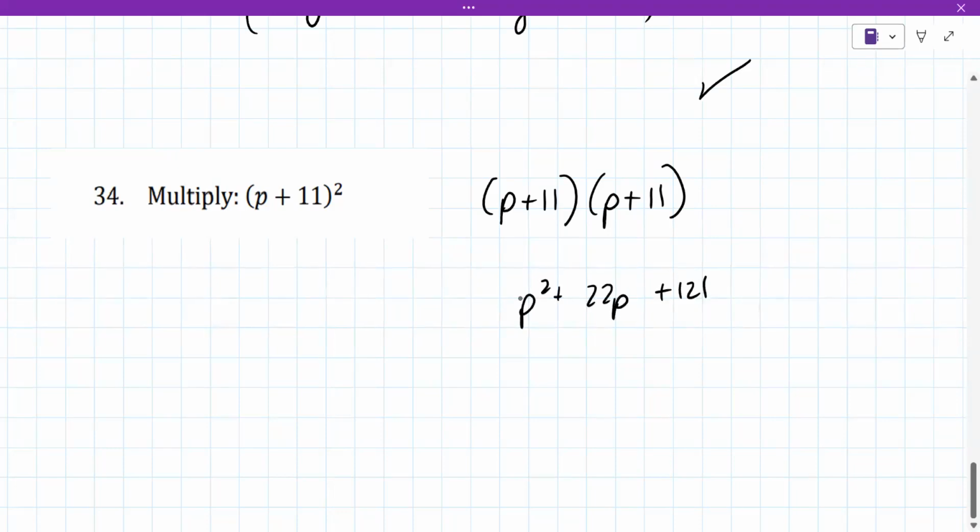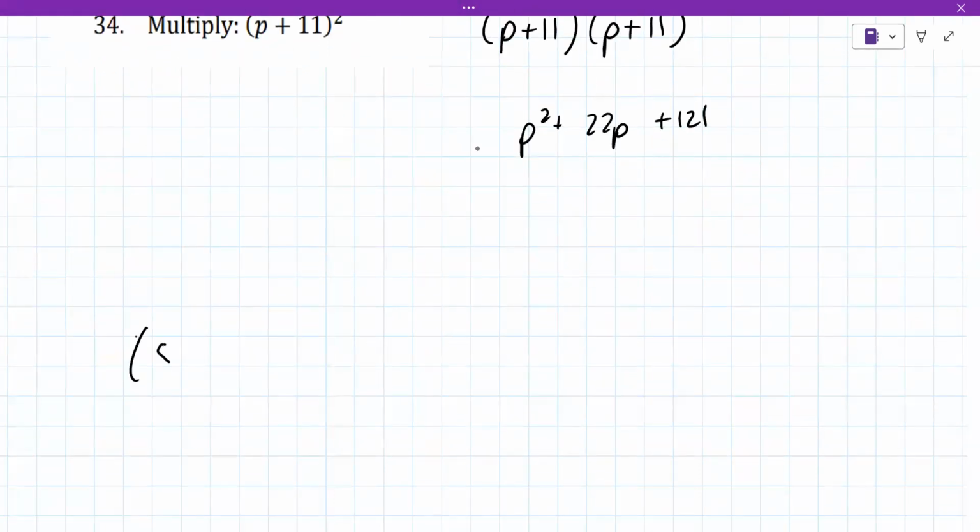It would be, yeah. Let me give you one more of those to try, and then we'll move on to factoring. 8k minus 1 squared.